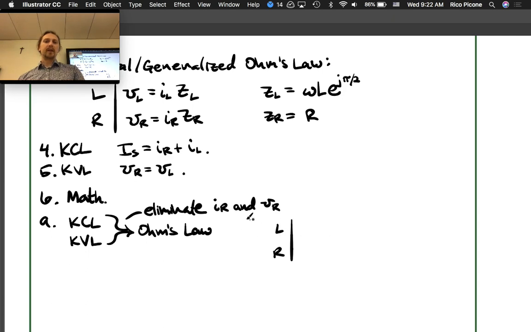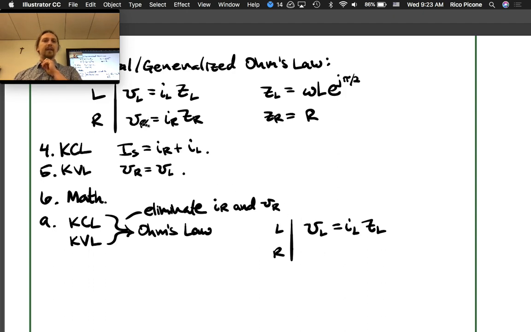And so we're going to get rid of, so VL is still there, right? And IL is still there. So this one is still VL equals IL ZL. This other equation, though, has VR equals VL, right? So VR, we're going to get rid of, oh wait, sorry, it's this one.